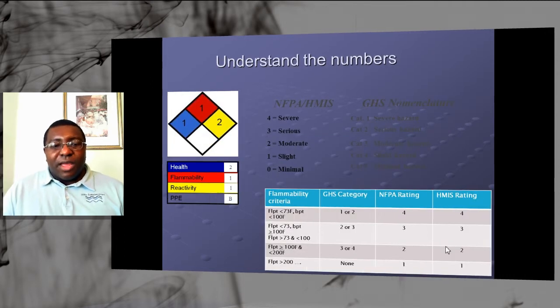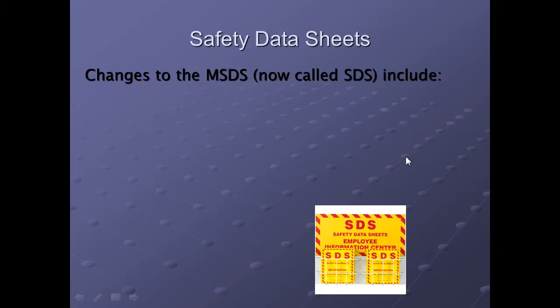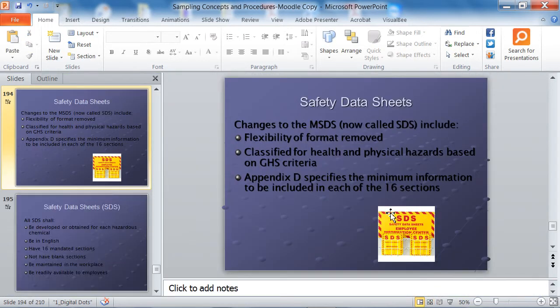Here are the different things you have: on your left, your NFPA, and then on your right, you have your GHS. This slide is making it where you can't really see that, so what I'm going to do here on the fly, I'm going to just adjust it a little so you guys can make it out a little better.